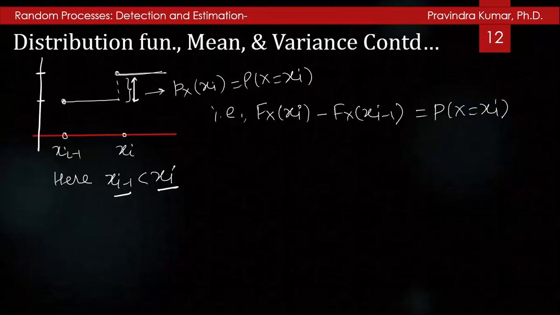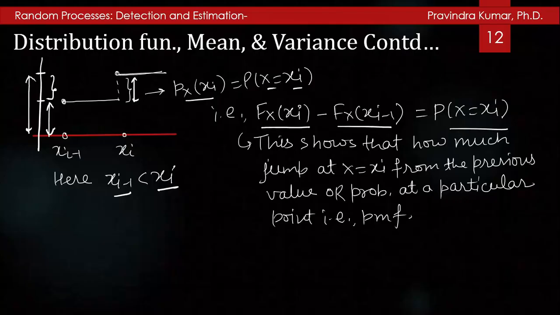So if I subtract this CDF at x equal to i minus this CDF at x equal to i minus 1, I will get this jump, the PMF. So the PMF at x equal to xi, meaning the probability at x equal to xi, will be the subtraction of the CDF at x equal to xi minus the CDF at x equal to xi minus 1, and this is the PMF here.